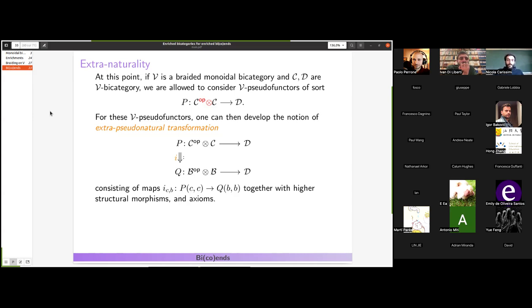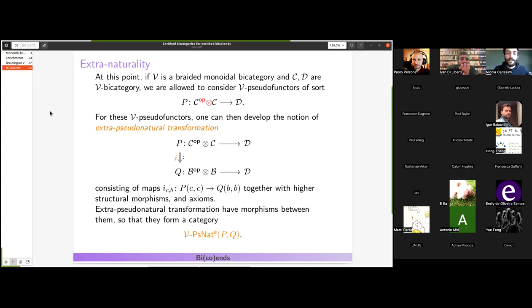We can also gather these objects into a category because we have a notion of morphism between them. This category we may call the category of enriched extra pseudo-natural transformations from P to Q.